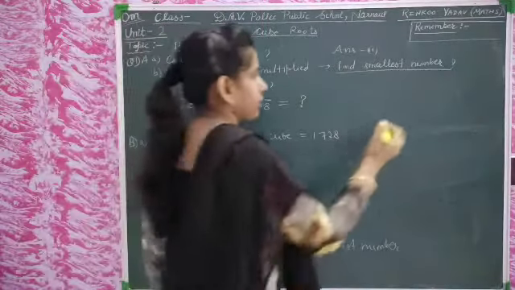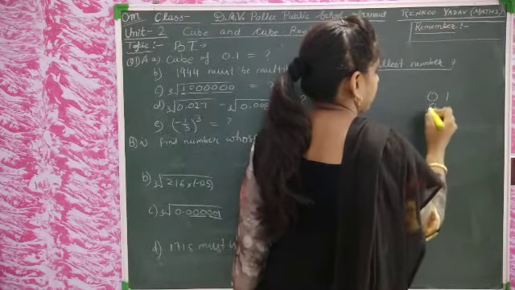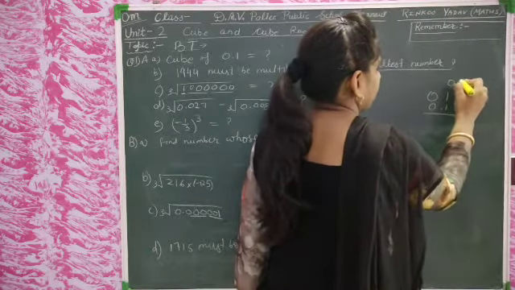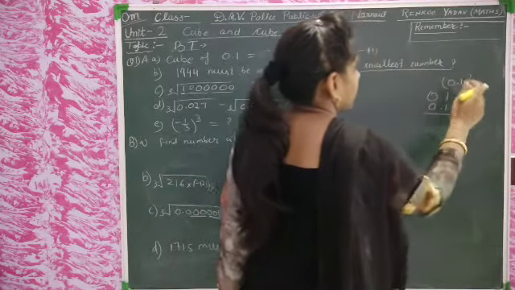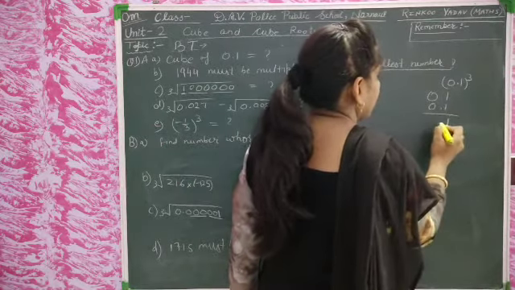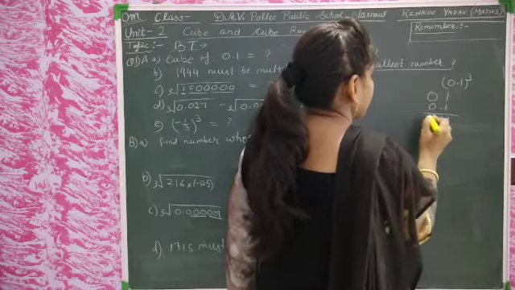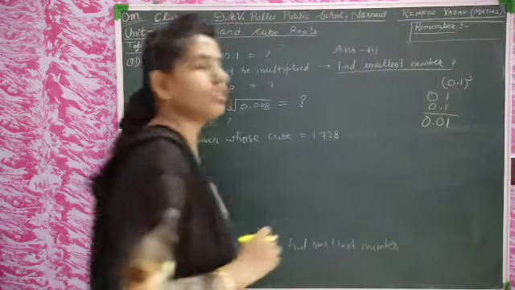Cube of 0.1. 0.1 is multiplied by 0.1. It means we have to find the cube of 0.1. We will multiply 1 times 1, 1, and again there are 2 digits, so we place the decimal before 2 digits.